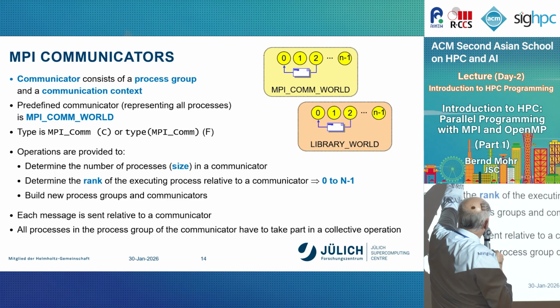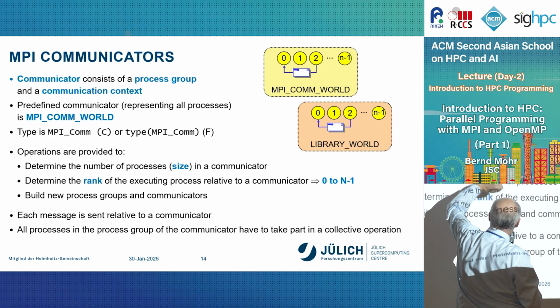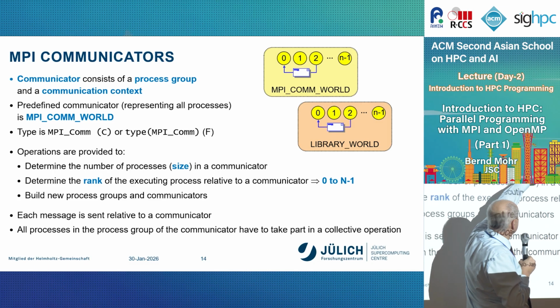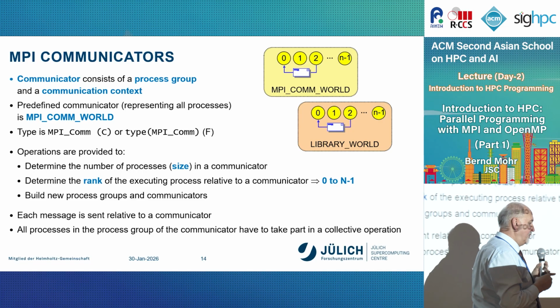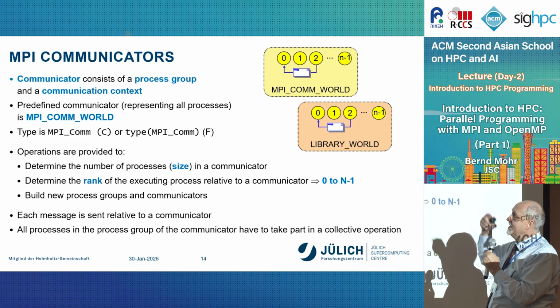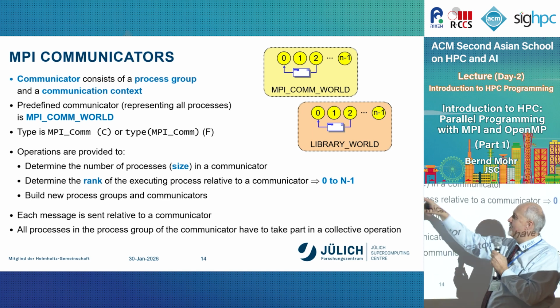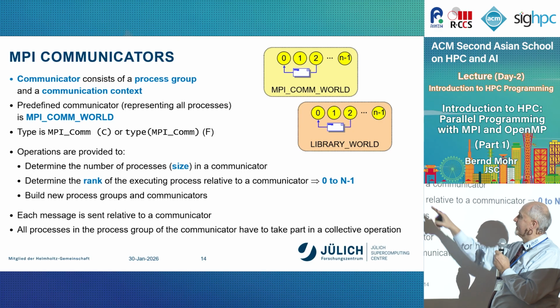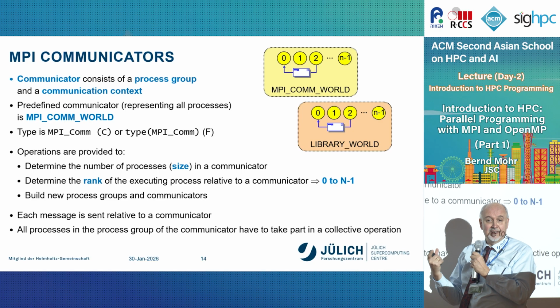This is a type, the name is MPI_Comm, in C, or type MPI_Comm in Fortran. Now we have a few operations which we can do with communicators. The first one is, if I have a communicator, I want to know how many processes are in this communicator.